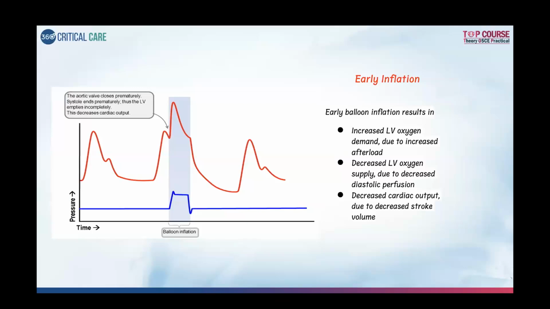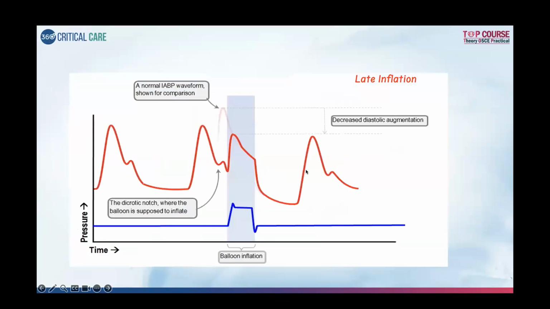Your afterload has increased. That leads to decreased left ventricular oxygen supply because you're not getting much forward flow due to decreased diastolic perfusion, also because you are not able to augment enough. And there is decreased cardiac output due to decreased stroke volume because there is already an obstruction in the aortic lumen, as it has inflated during the systole. Okay, so that's the consequence of early inflation.